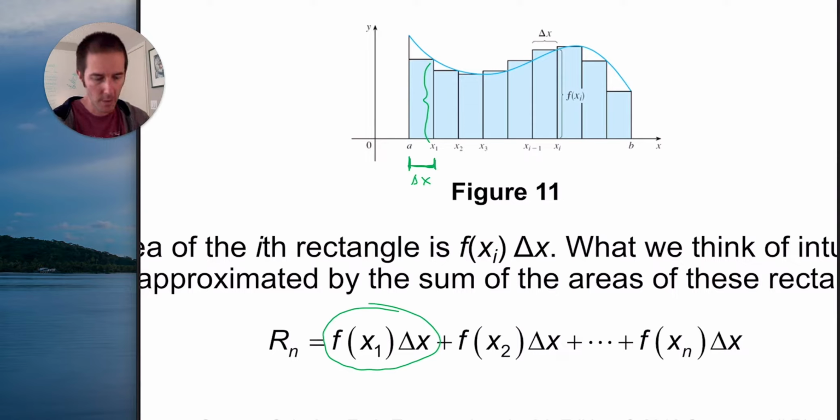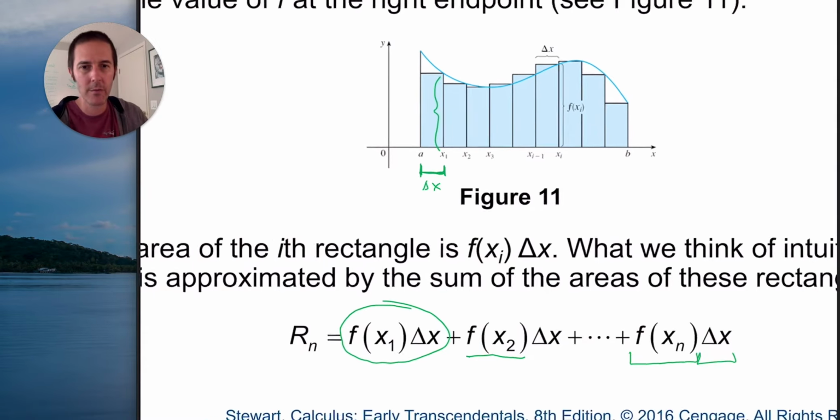And then the second rectangle has a different height, potentially. And the third one, and the fourth one, and so on, all the way up to the nth rectangle, which is going to have a height of f of x sub n. We still have to multiply that by the width of that rectangle, which is delta x.